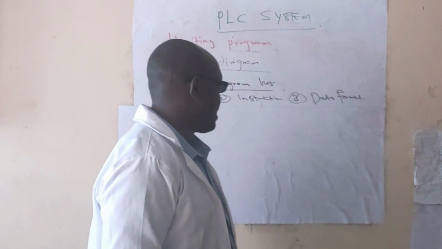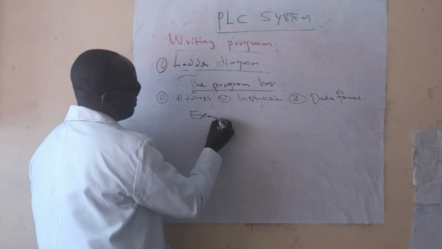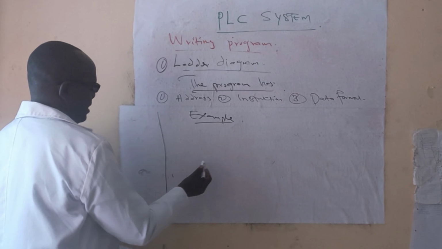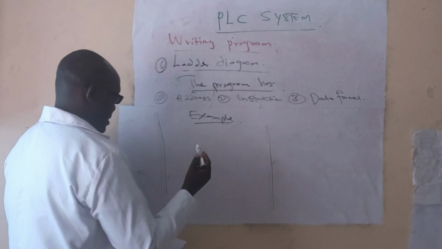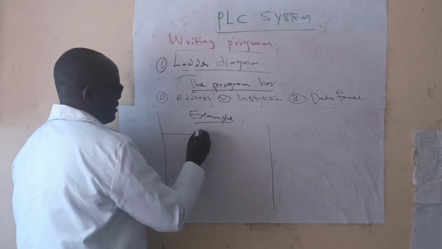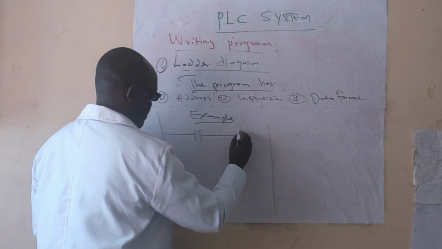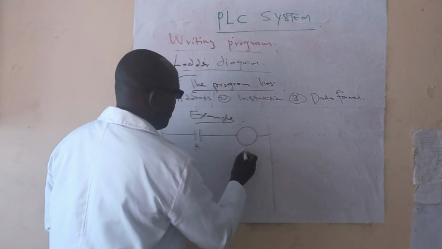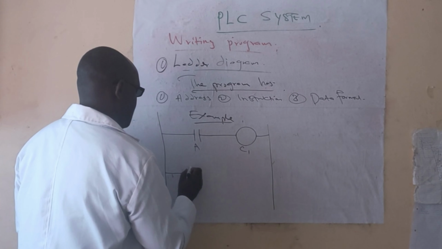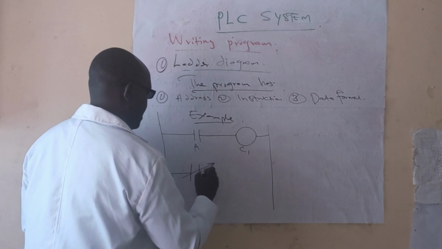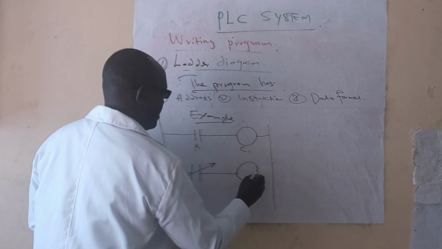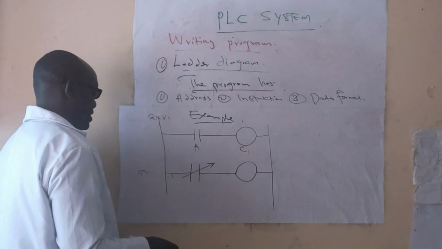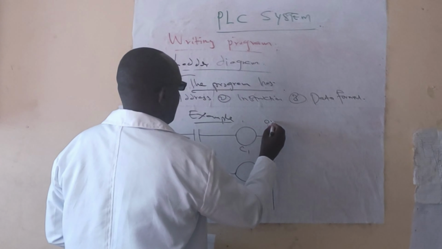So let's see an example. We can be given a ladder diagram like this, with this labelled A and this one labelled C1. Let's set the points to be, let's say, 24 volts, and this one is 0 volts.